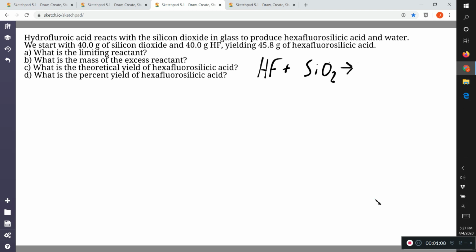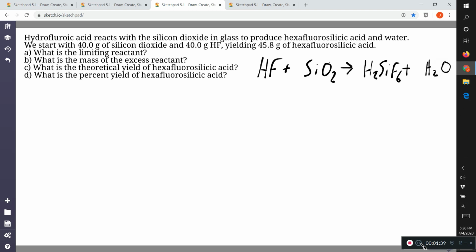And we're going to yield, and this is the tricky one, hexafluorosilicic acid. I would not expect you to know what this compound is off the top of your head. It ends up being H2SiF6 plus water, which we know to be H2O.